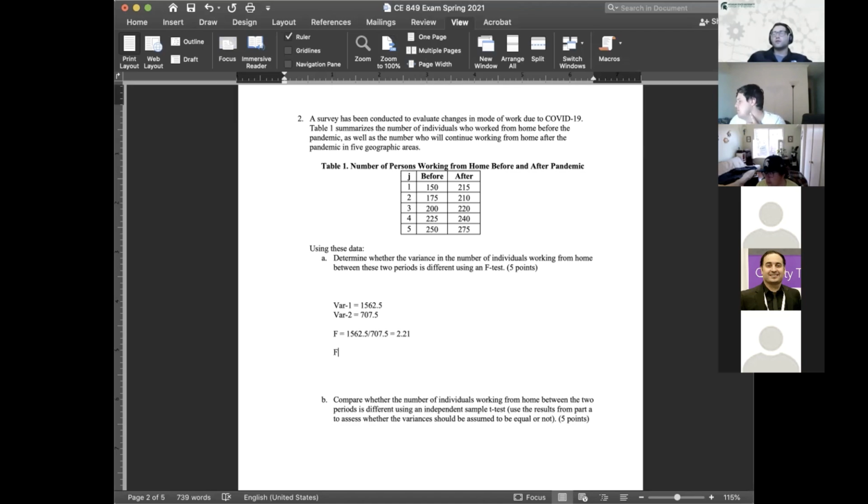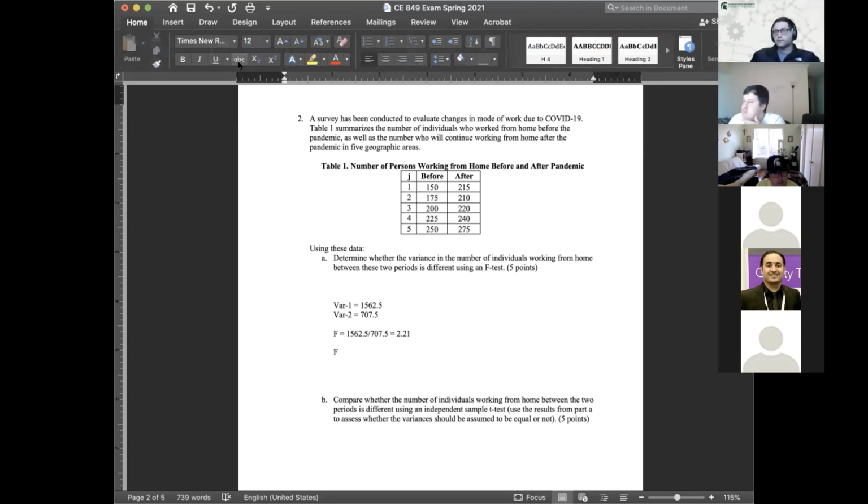And so as you recall, in the case of the F, we'd want to set that up so that our critical value would be F 0.025. Unfortunately, in the sample exam, I had used the 0.05 value there. Our degrees of freedom are n-1 for the first sample and n-1 for the second sample, so 4 and 4 in this case.